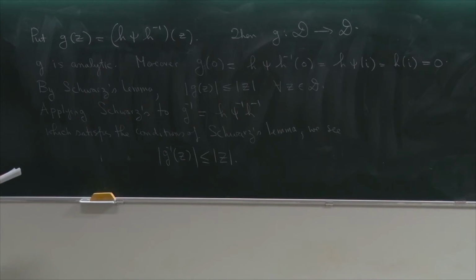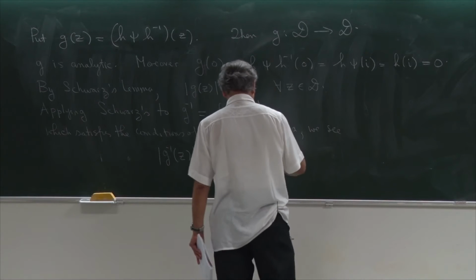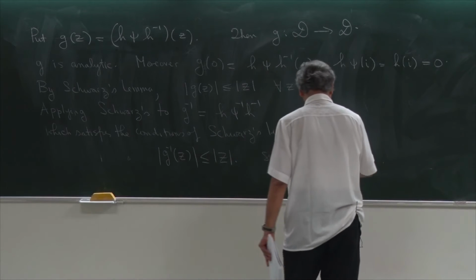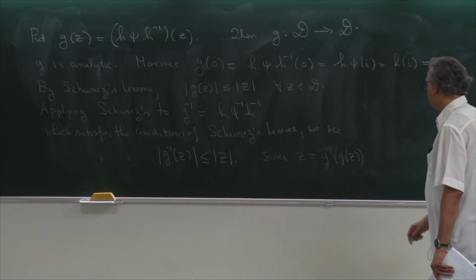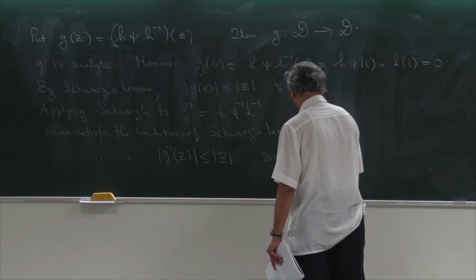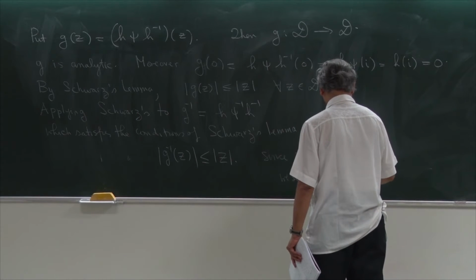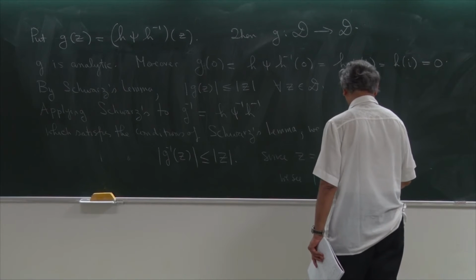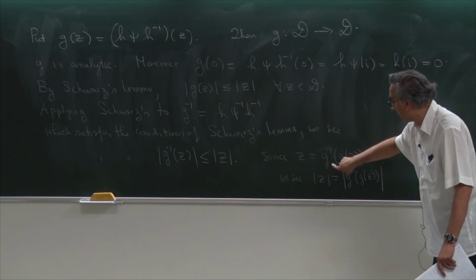And so putting everything together, since z is equal to G inverse of G of z, the absolute value of z is equal to the absolute value of G inverse of this.